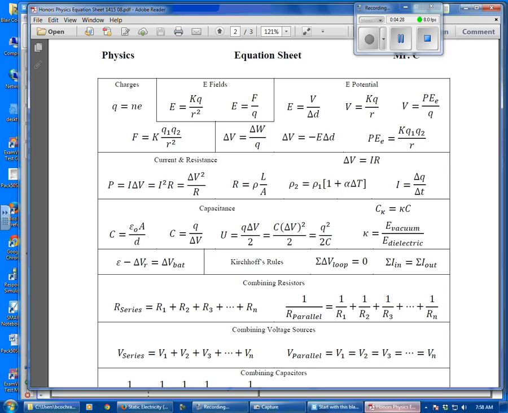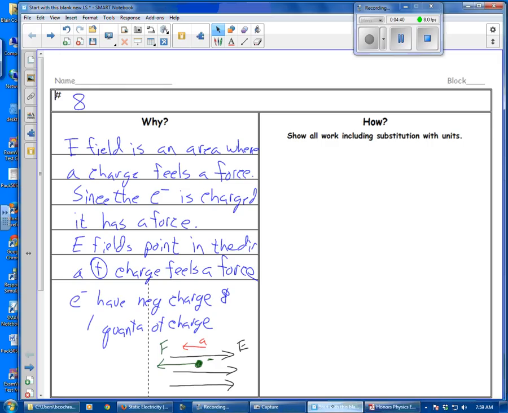The right-hand one describes the field because of what the charge experiences in the field. So that's the one I'm going to use, E equals F over Q. I might also grab that the sum of the forces is ma, Newton's second law.